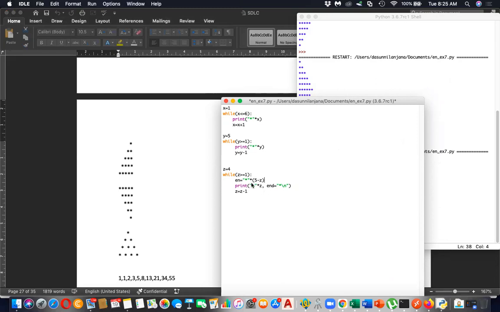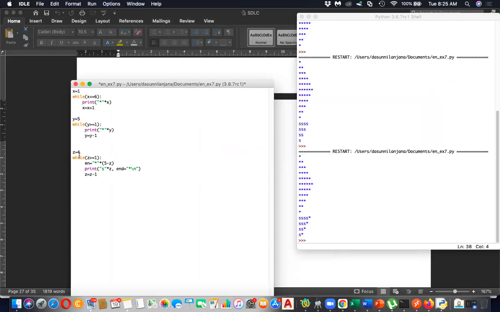What is 5 minus z first time? Can you tell me? 5 is the number, z is 4. What is the value of 5 minus z?